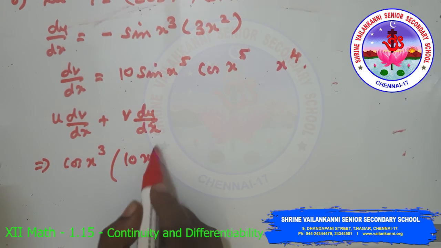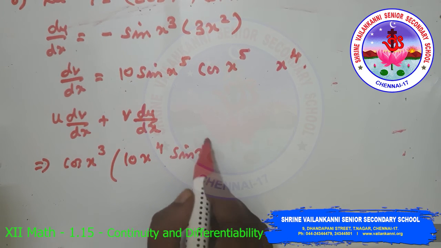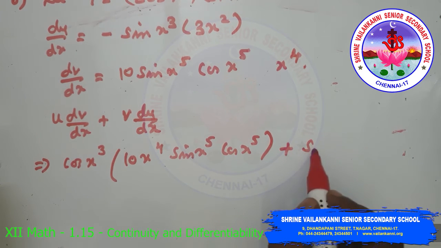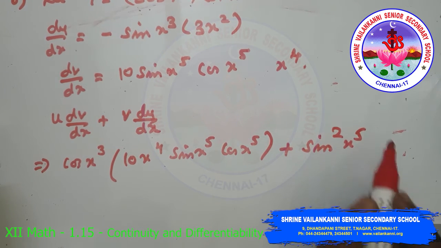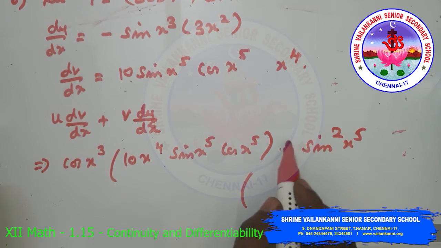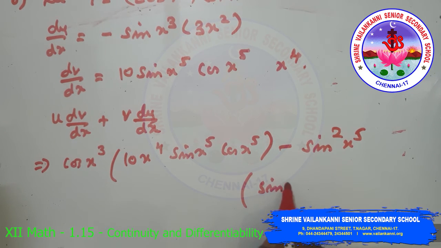So 10 x power 4 sin x power 5 cos x power 5 plus v into, v is sin square x power 5, du by dx is minus of, so we can change this as minus sin x cube into 3x square.